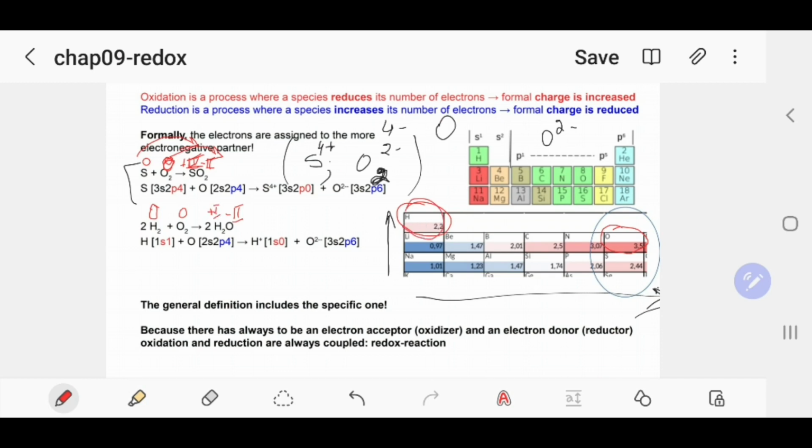We see H here just loses 1 electron to have an empty orbital, because the hydrogen originally has only 1 electron in its s orbital, and only 1 orbital, which is s, and when it loses this electron, it becomes an orbital without any electron, only a proton. And that's why sometimes we call H+ a proton.